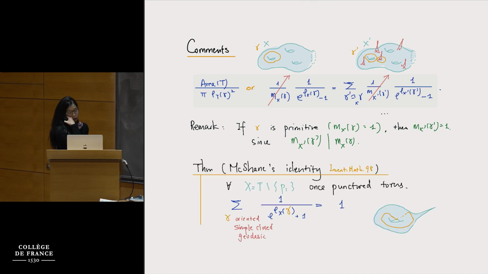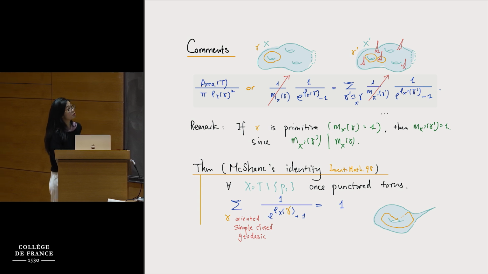And I think I should also remind you about the famous McShane identity, if you've ever seen this. So this is the simplest version of McShane's identity. It's about the 1-punctured torus. He takes the sum over all oriented simple closed geodesics, summing 1 over exponential of the length plus 1, and it always equals 1.